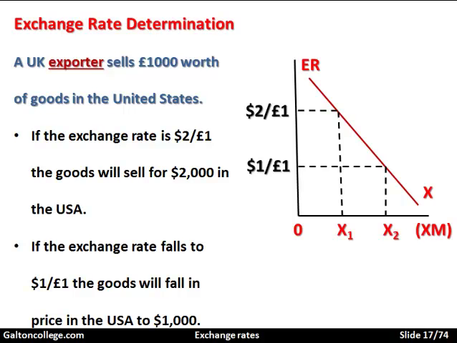That means there will be more demand for the goods in America because they're much cheaper, therefore more exports. So exports will rise to X2. We call exports X, by the way. So at the high exchange rate, $2 to the pound, we have X1, and at the low exchange rate, $1 to the pound, we have X2. More exports at the lower exchange rate.